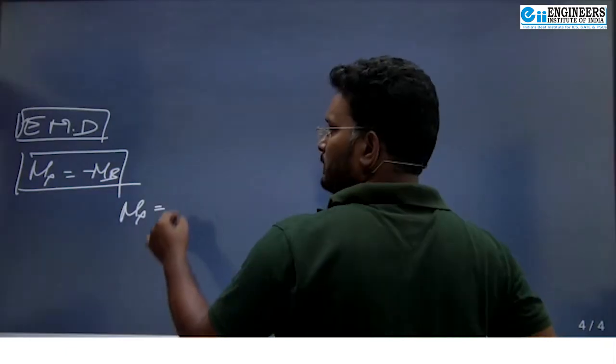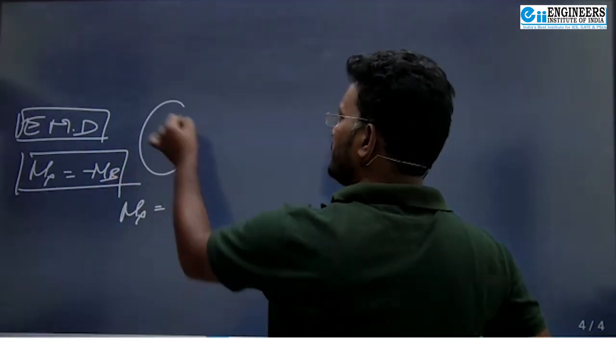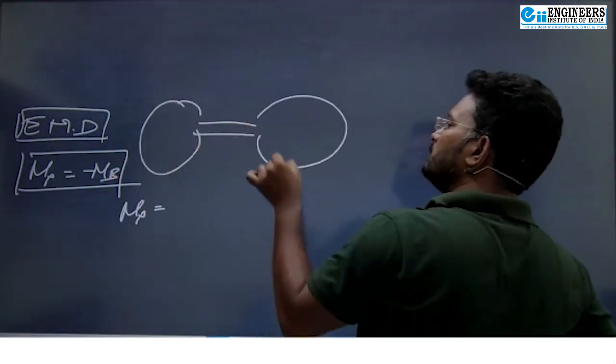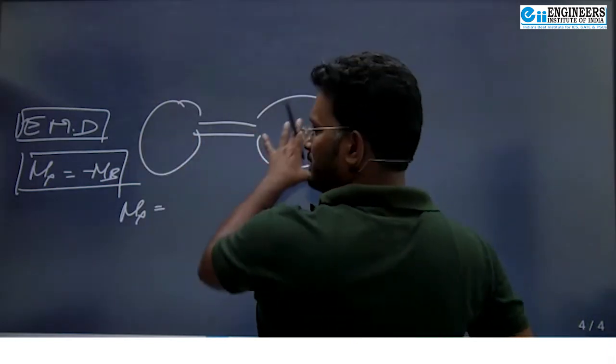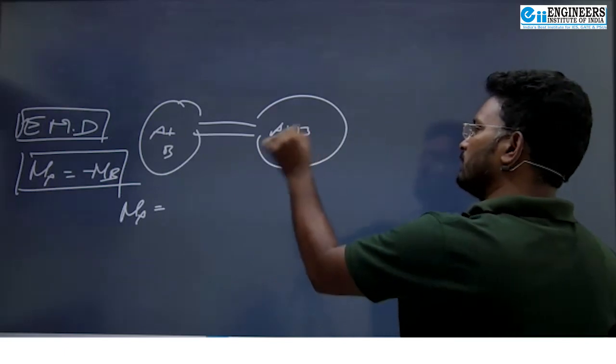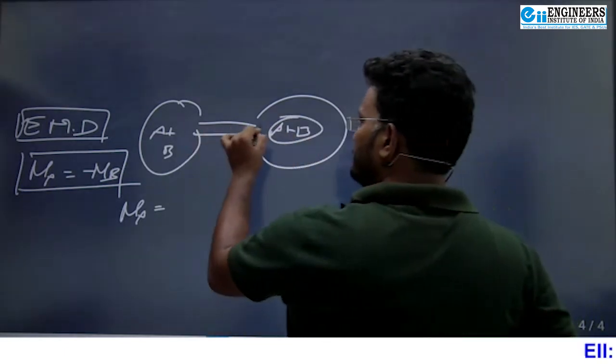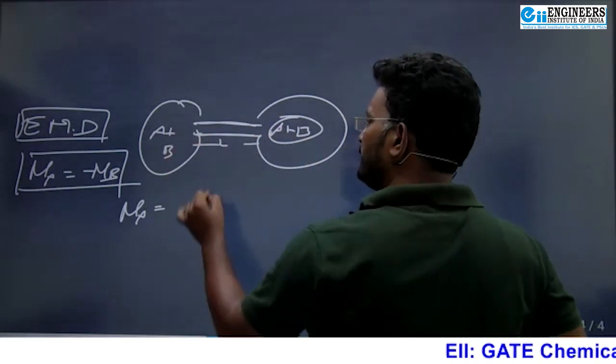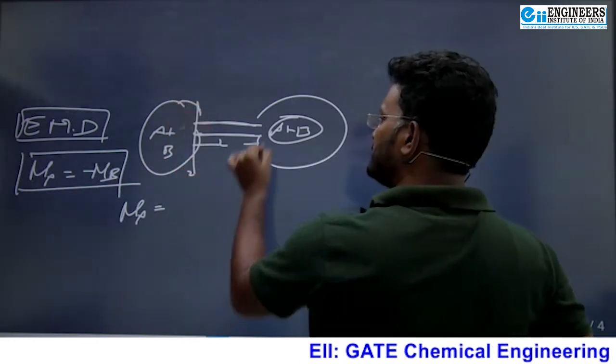For example, suppose you have two vessels, two bulbs, two tanks, and each consists of A plus B molecules. They are connected with a pipe of length L, and this is point 1 and this is point 2.